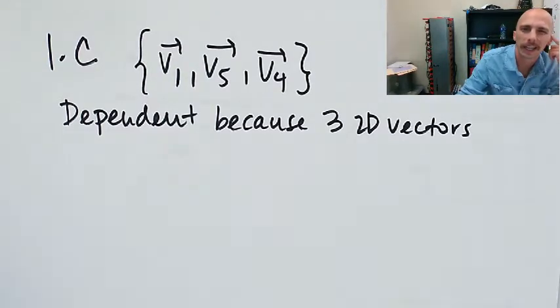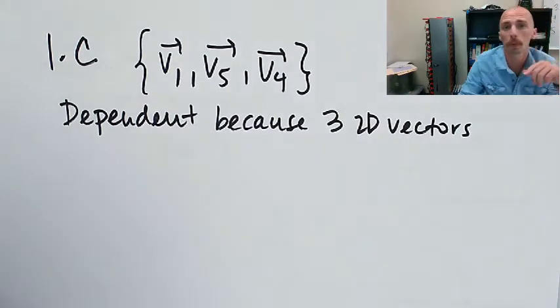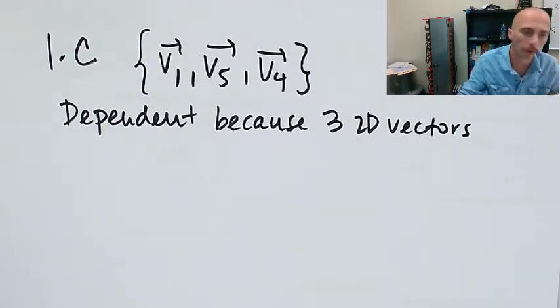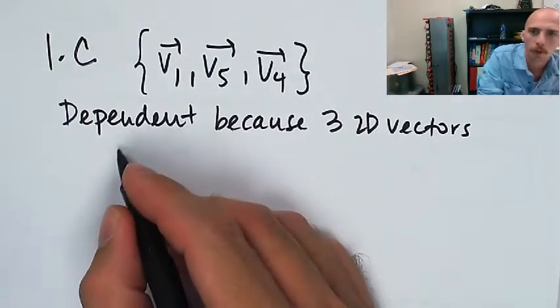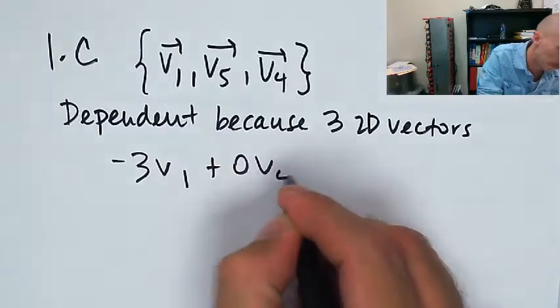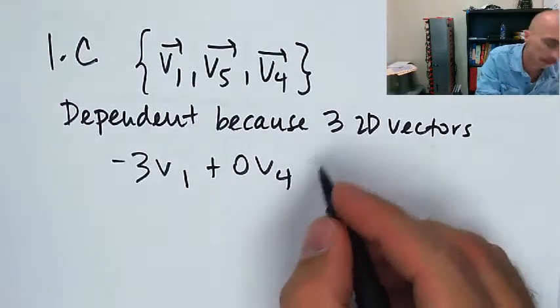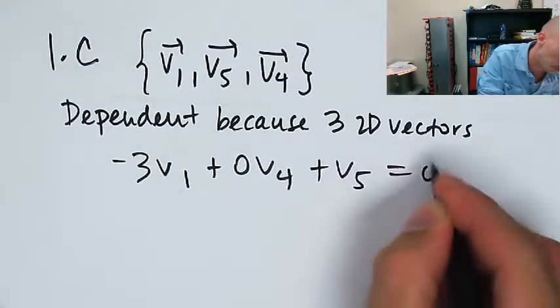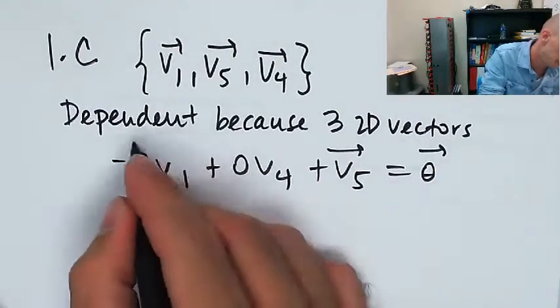Don't forget, take V1, V4, and V5. Oh, V1 and V5 are proportional. That's why I wasn't seeing it. So, -3 V1 plus 0 V4s plus V5 equals the 0 vector. That's it.